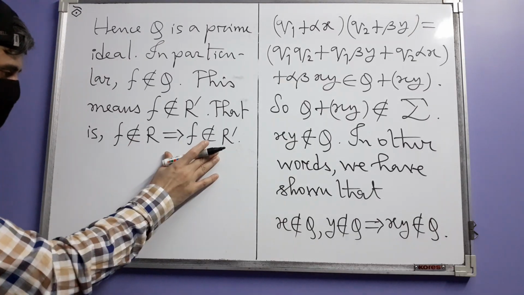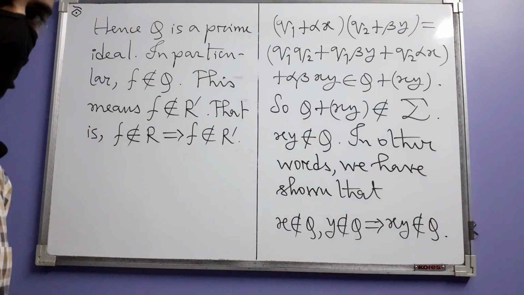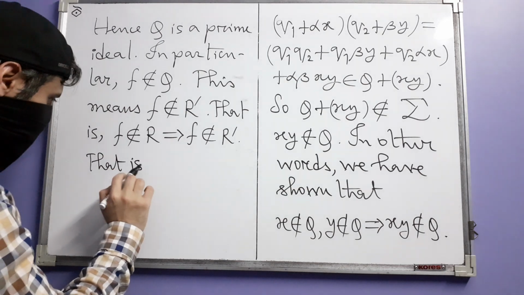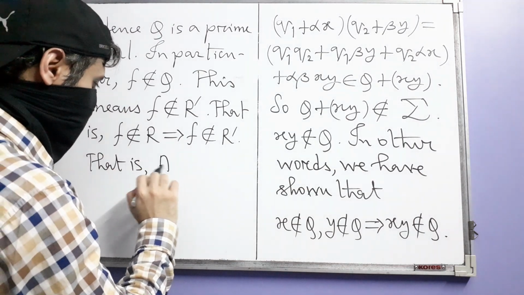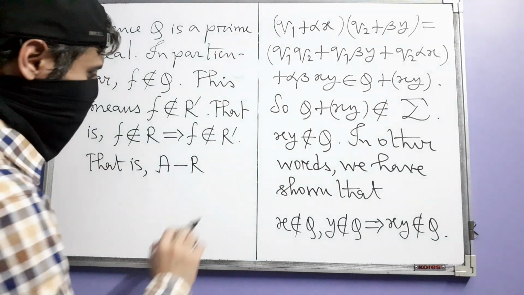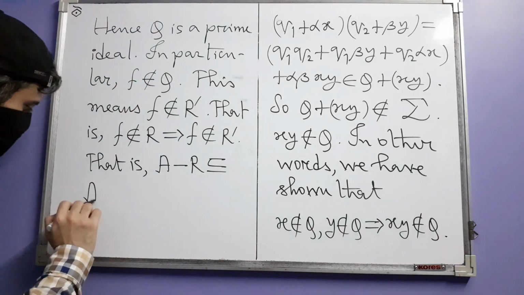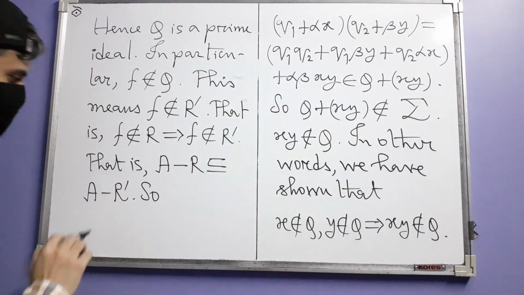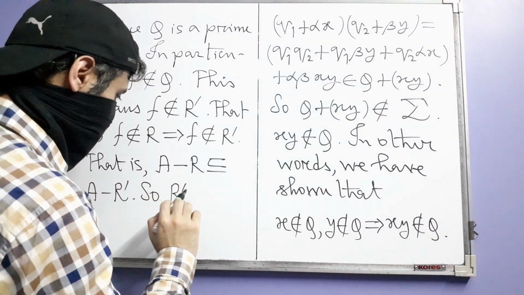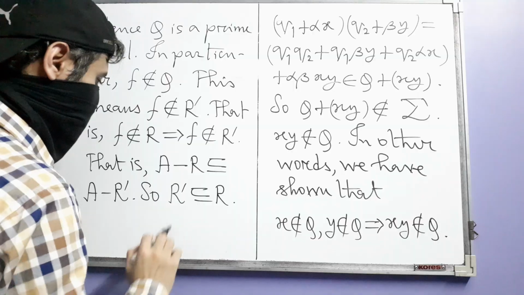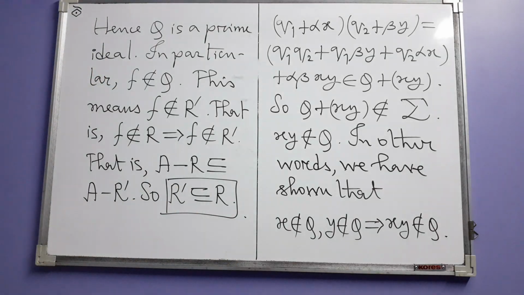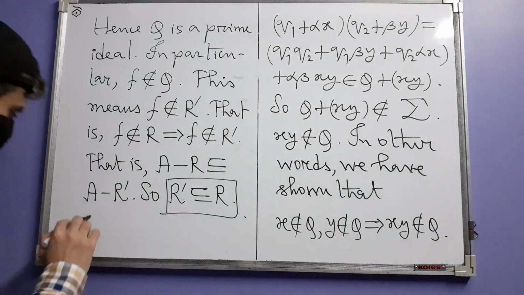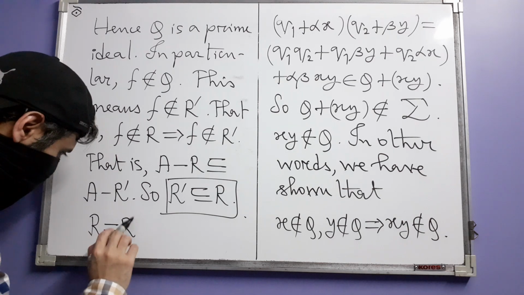If you translate it into sets and operations without using elements, this is what it means: the complement of R in A is a subset of the complement of R prime in A, which in turn implies that R prime is a subset of R. Now you combine this containment with the previous one, which was R is a subset of R prime, that finally gives you that R is equal to R prime.